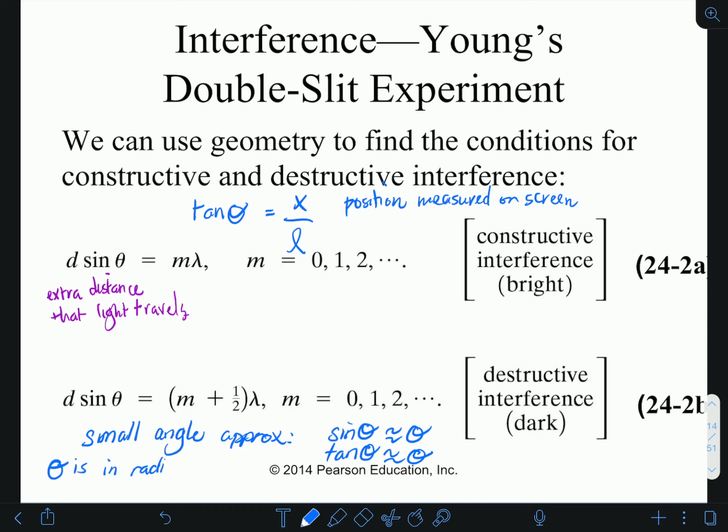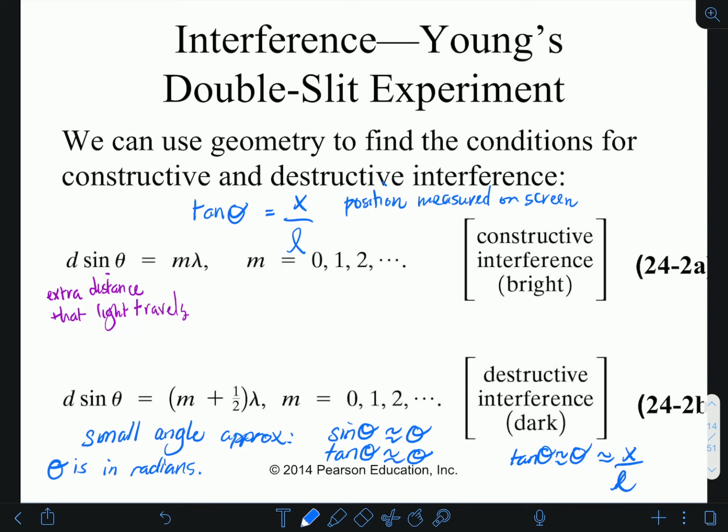So you have to make sure you're in radians on your calculator. This is a useful approximation because tan theta equals x over L. We can say that tan theta is approximately equal to theta, which is about equal to x over L. And we can also say that d theta is approximately equal to m lambda, and it simplifies our problems.